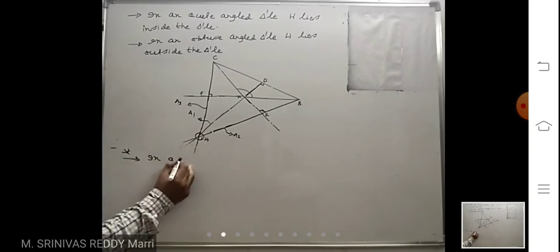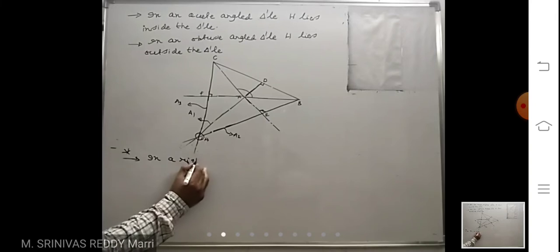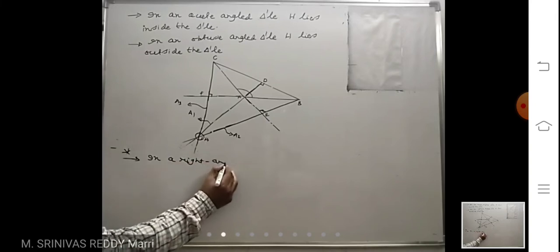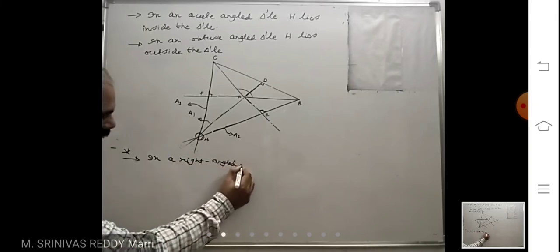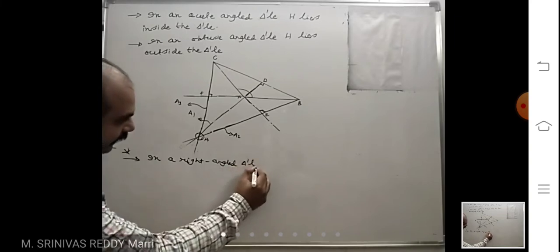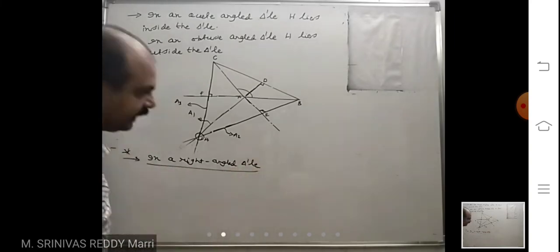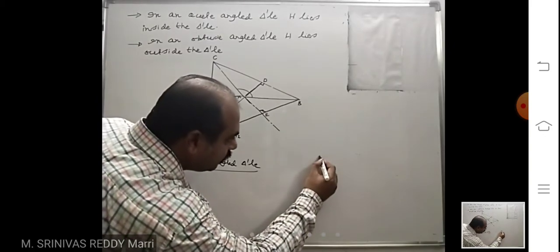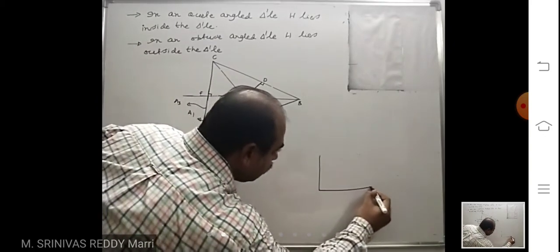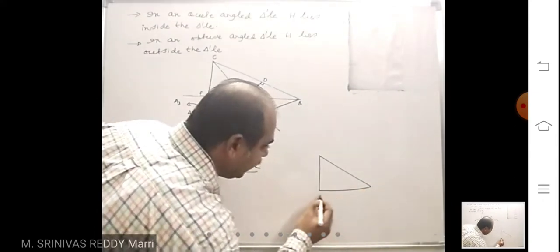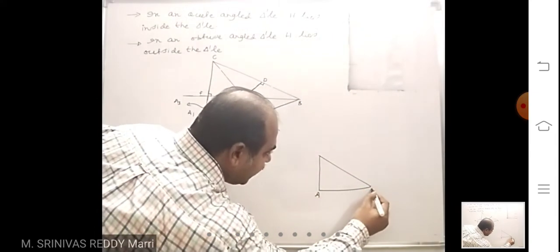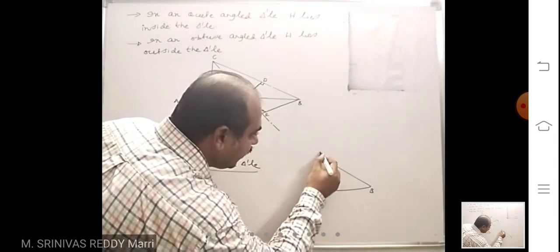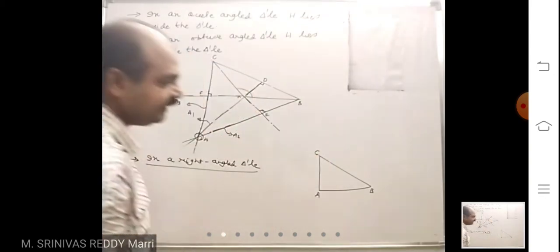In a right angle triangle, take a right angle triangle. Let us say angle A is 90 degrees.